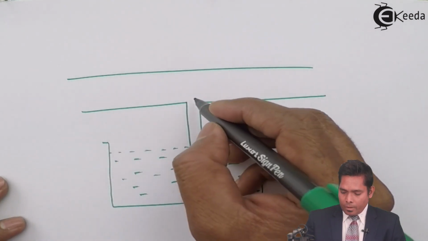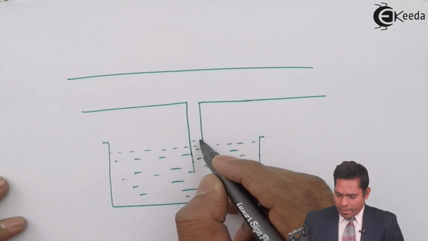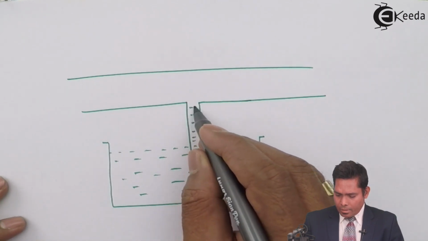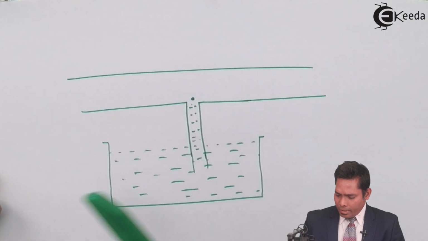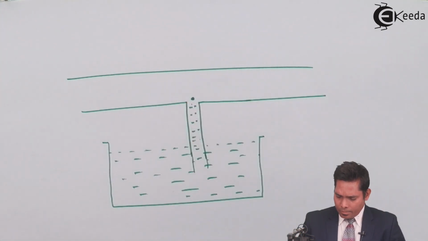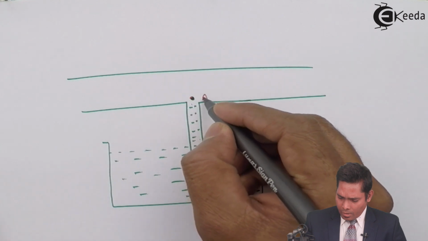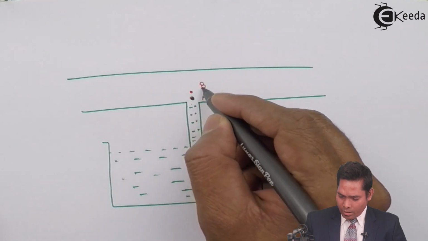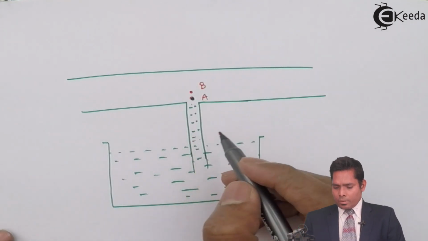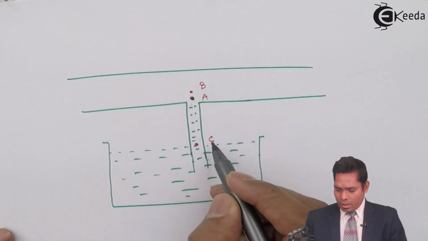The air flows this side, and because of that it pulls the liquid, so the liquid will rise like this. So at this point, say this point is A, this point just above that is B, and this point is C.